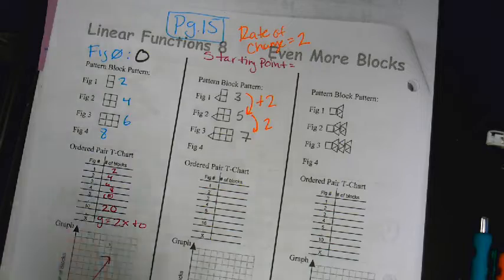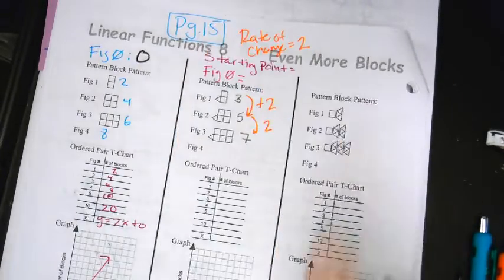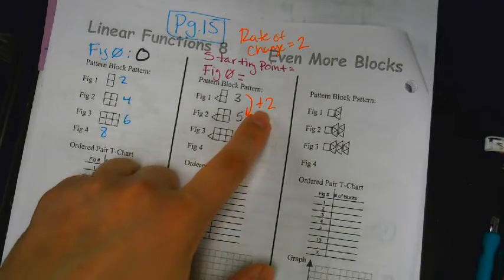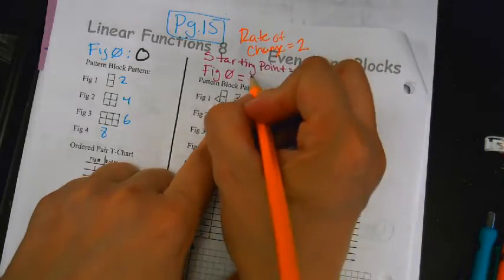They don't even write figure 0 down. That's how they make it harder. But since it's your worksheet, you can literally go figure 0 is equal to, what is it? 1. How? Well, you know that you have to be adding 2, right? So what number plus 2 is going to be 3? Oh, the number 1.